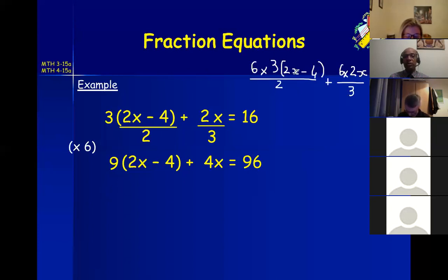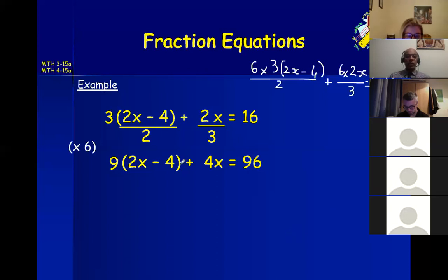But you still get the 2x minus 4. And here, 2 times 2x is 4x. And the bit that a lot of time we forget to do is the 6 times 16. So that shows you all the work in there.